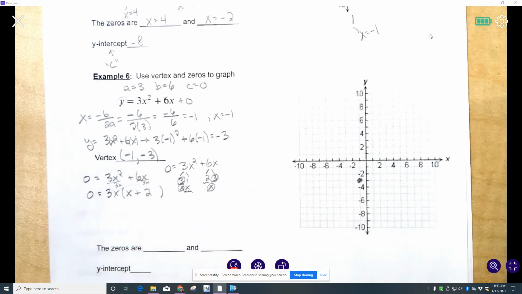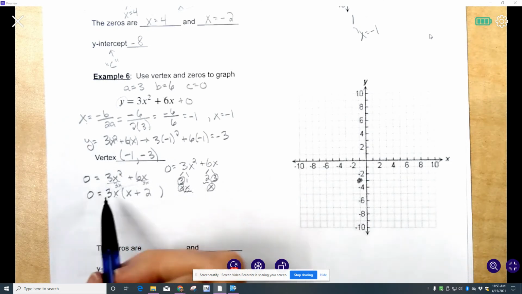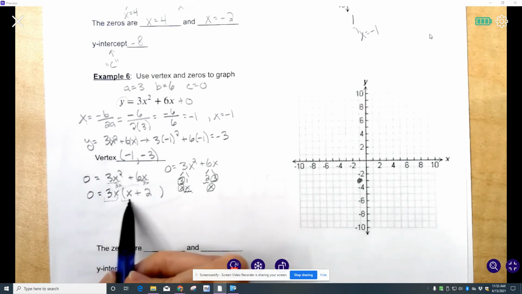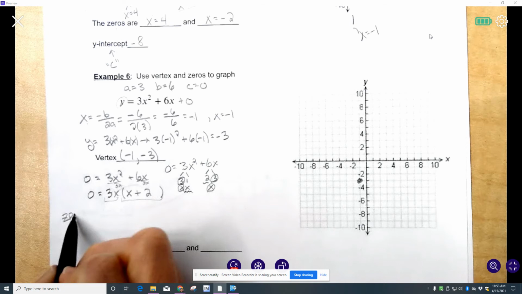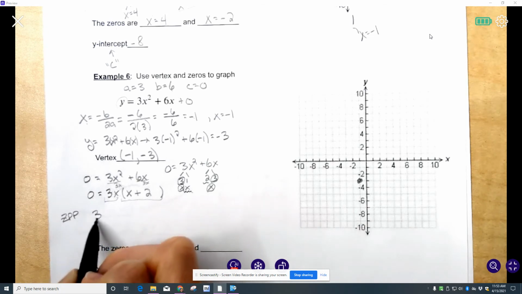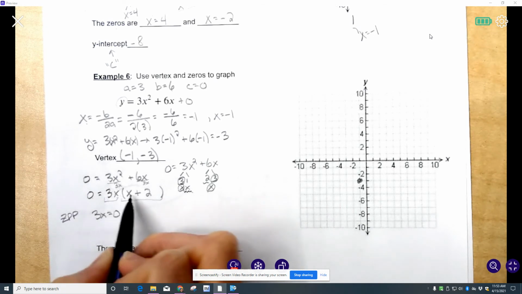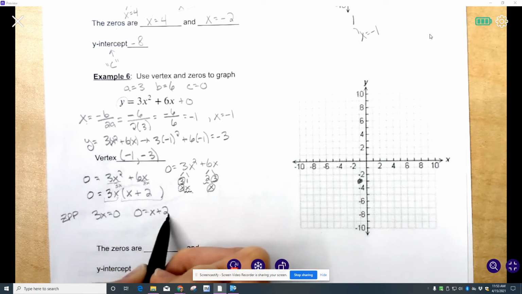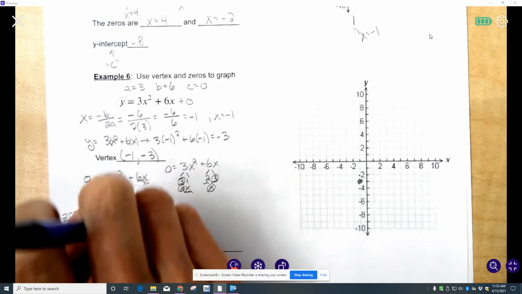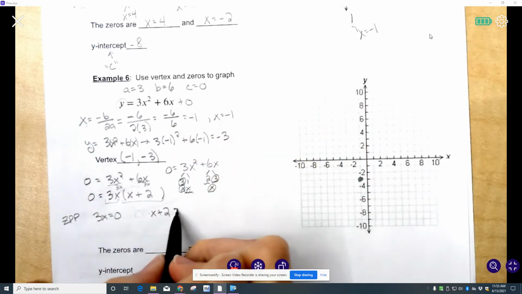x and 2. All right, now if you look at this, I have a term multiplied by a term equal to 0. So the zero product property says either 3x equals 0 or x plus 2 equals 0. Well, let me put that 0 on the other side to be consistent here.